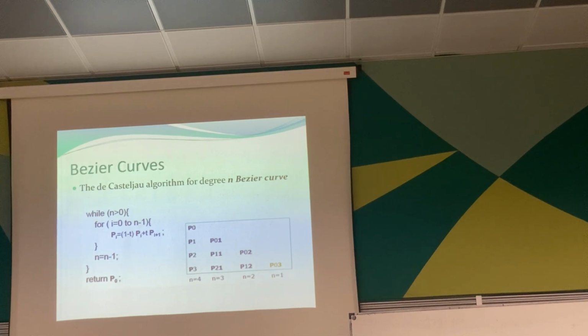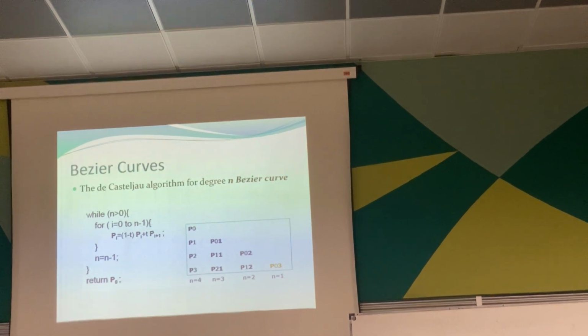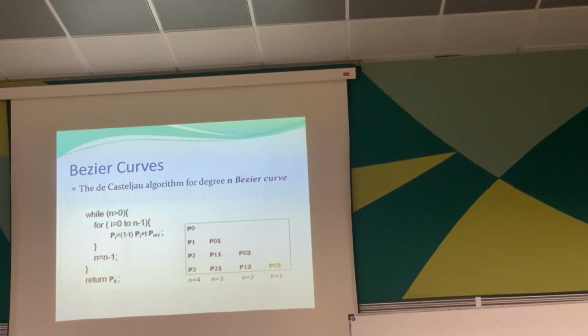You can try it: put it inside your Visual Studio to draw. So you will use a while loop. While loop, your n is the order, n equal to 1, 2, 3, 4. N of 1 means 1 control point, 2 control points, 3 control points, and 4 control points. So while n is more than 0, inside there is a for loop, so you have to calculate one by one. I equal to 0 to n minus 1.